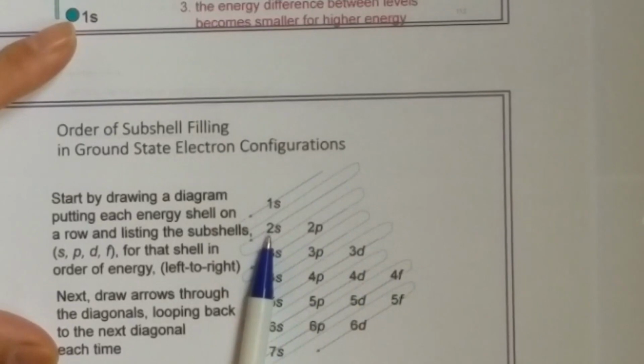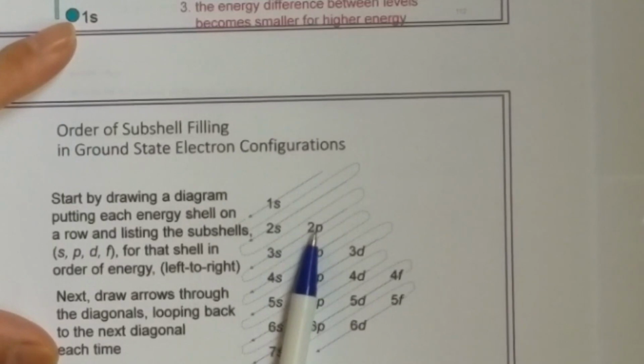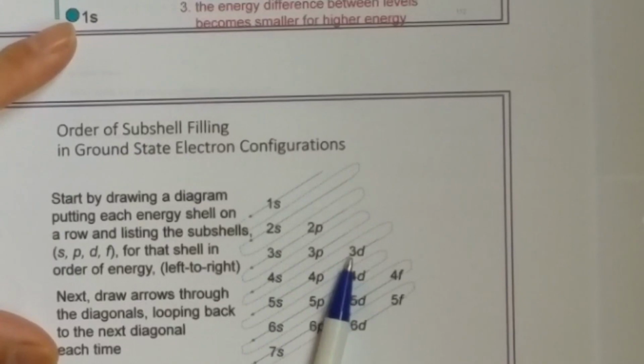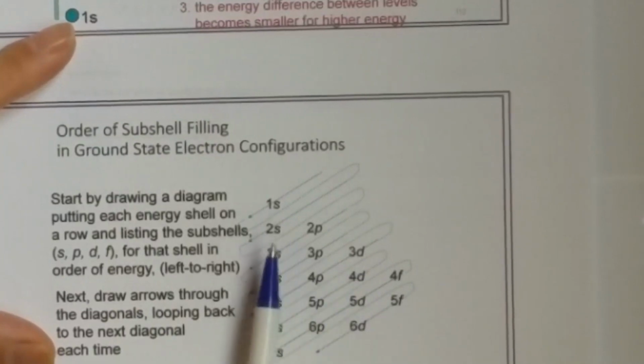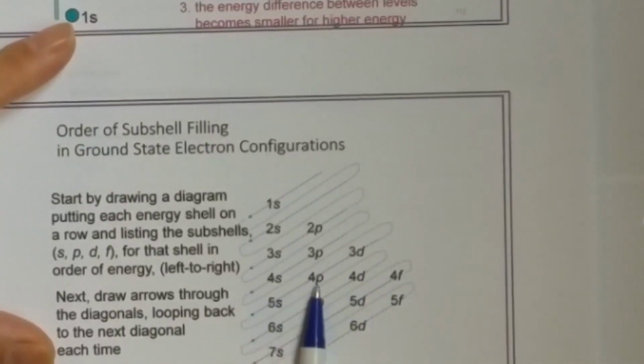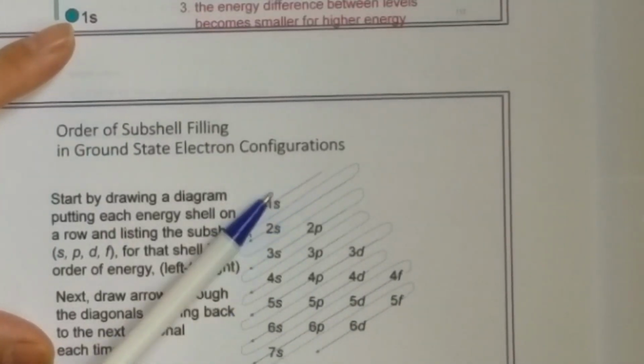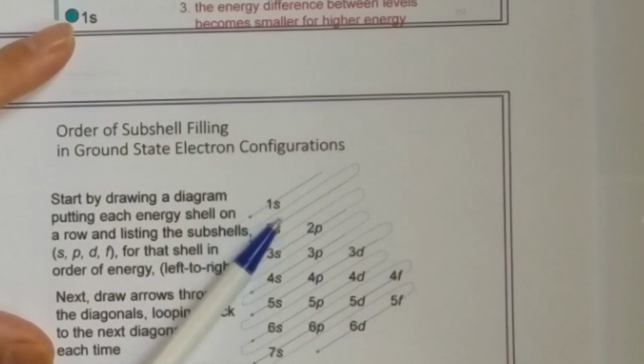But for n equals 2, l equals 0 and 1, that's why it has p. For n equals 3, 3 minus 1, the allowance for l should be 2, l equals 2, which is the d subshell. Anyway, you just write this, and then 4s, 4p, 4d. After writing that, you make a line like this.